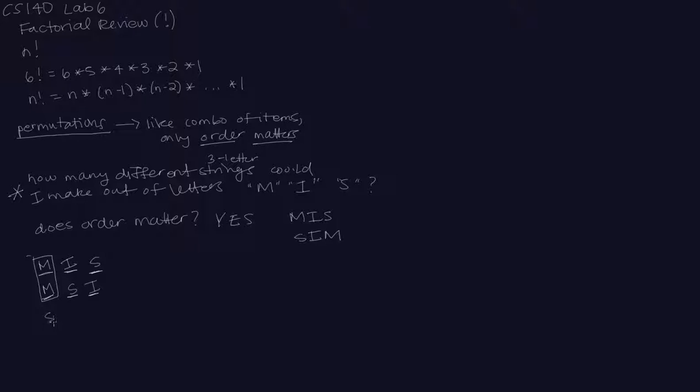So now let's lock in S as the first letter. With S as the first letter, I could say S, M, I, and then I could do S, I, M. Then, sorry, I already locked in M as the first letter.